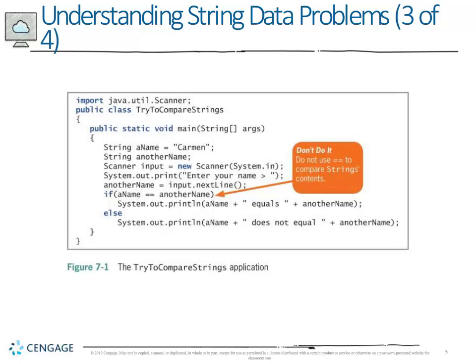In this example, aName and anotherName are strings, and the program tries to compare if those two names are the same using ==, and this is wrong. == compares the two objects' memory addresses. Because there are two objects, they are located at different memory addresses. This is why the comparison result says they are different, even though they have the same text for names.